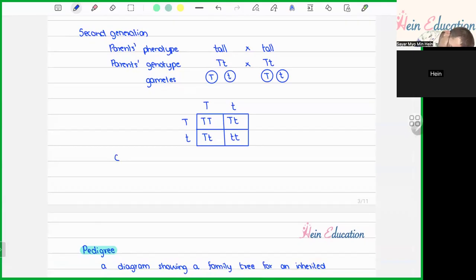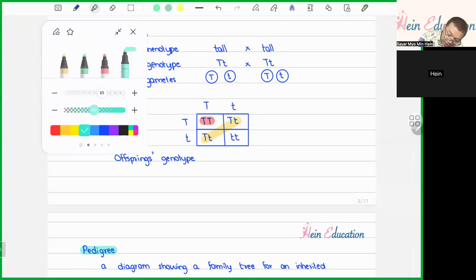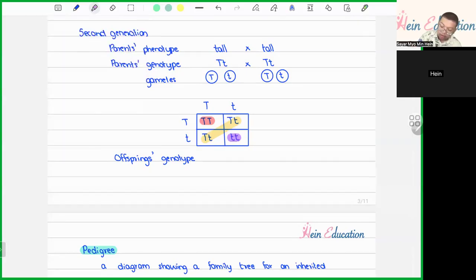So we have the offspring's genotype. Now, for the offspring genotype, we got all the combinations, right? Capital T capital T, capital T small t, and small t small t. So we got one capital T capital T, two capital T small t, and another one small t small t.